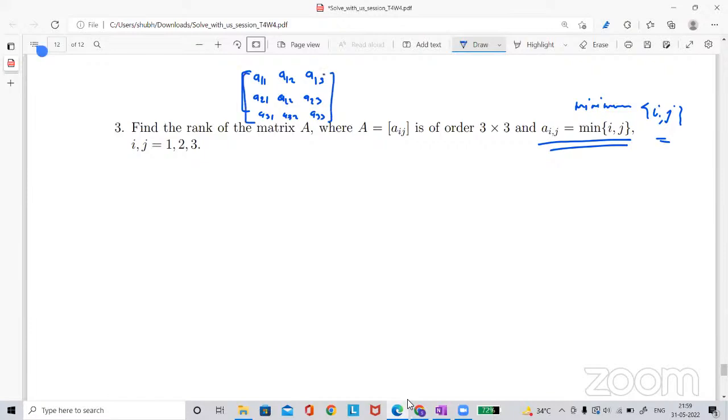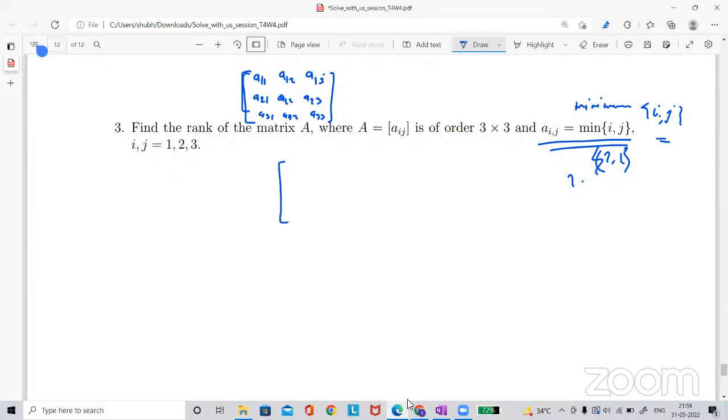The diagonal elements are 1, 2, 3. If there is no minimum, you can choose either, because if both are 2, then the minimum of these two is 2. So the elements will be 1, 2, 3, 1, 2, 3, 1, 2, 3, no?